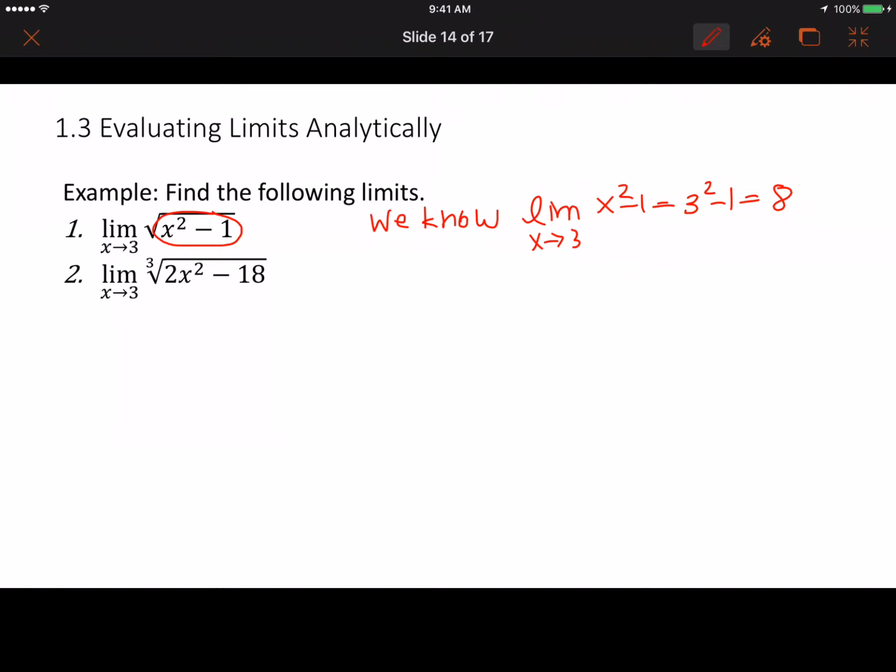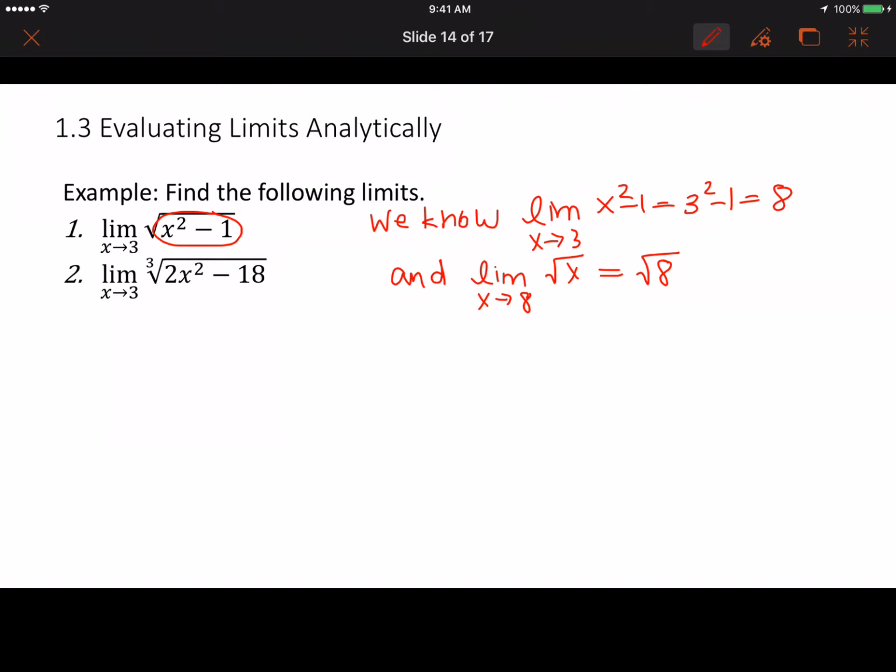And we also know that the limit as x approaches 8 of the square root of x is the square root of 8.